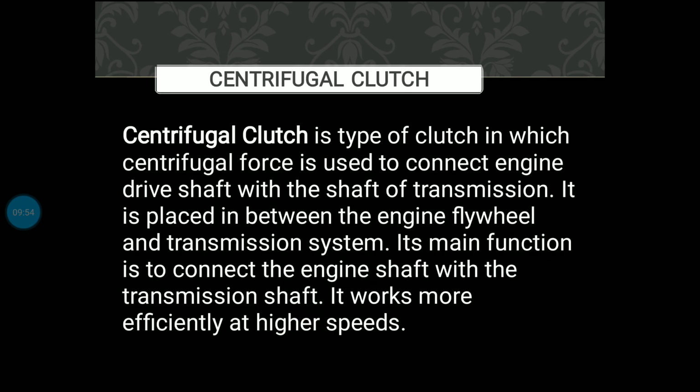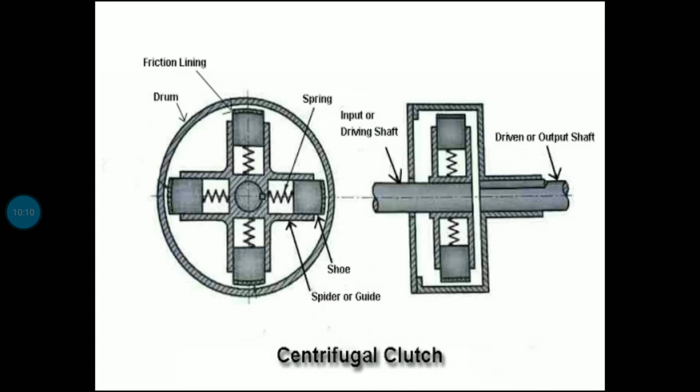Centrifugal clutch is a type of clutch in which centrifugal force is used to connect the engine drive shaft with the shaft of the transmission. See the diagram shown here, same driver and driven. In single plate clutch, only one plate will be there, and on both sides the friction material will be there.